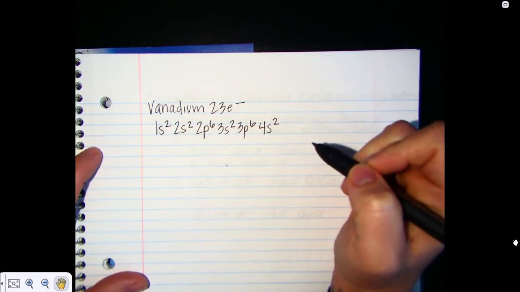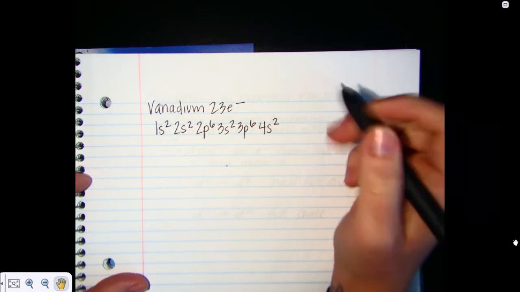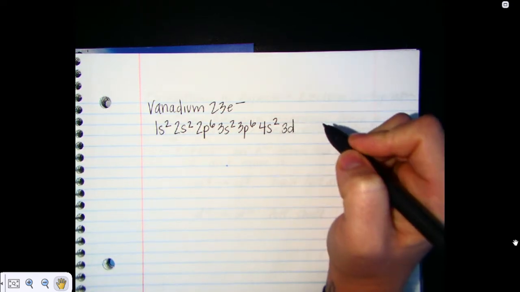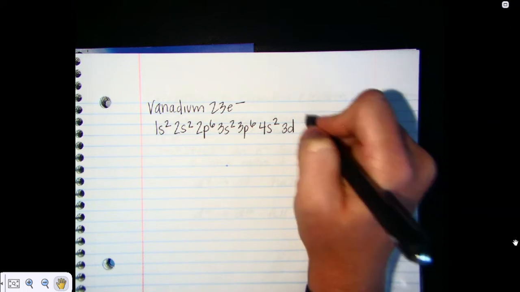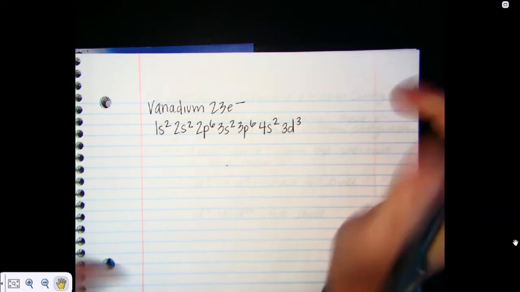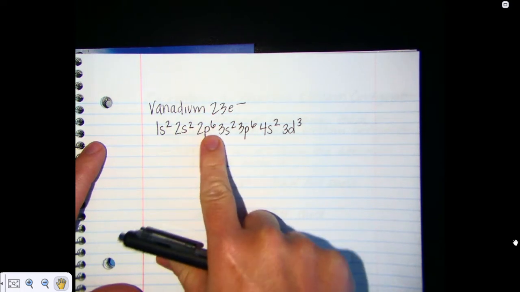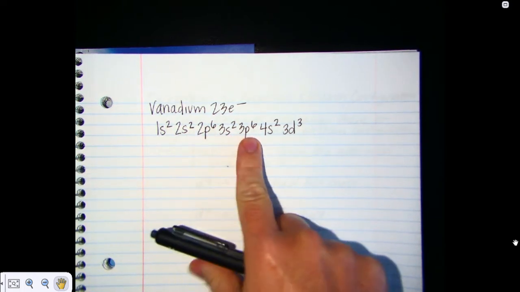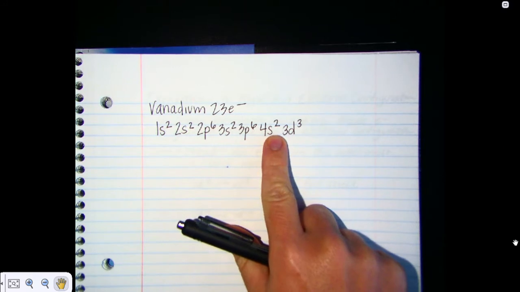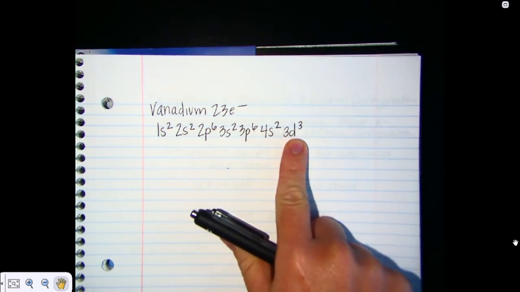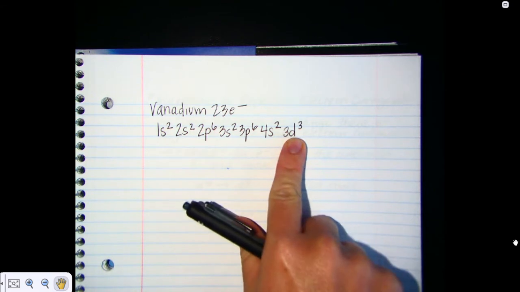Should have 3 left. What comes after 4s? 3d. Now 3d can hold 10, but I don't have 10. I just have 3. 3d3, right? Check your math. 2 plus 2 is 4, plus 6 is 10, plus 2 is 12, plus 6 is 18, plus 2 is 20, plus 3 is 23. All right, so there's my electron configuration.